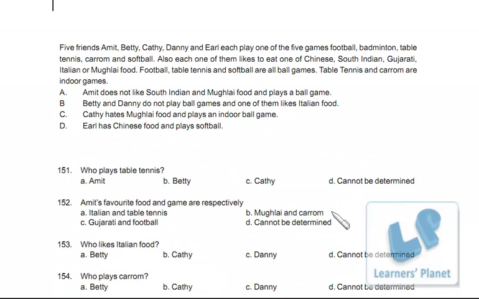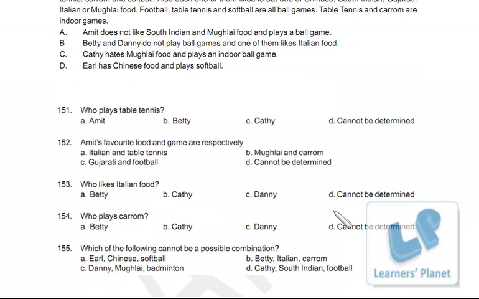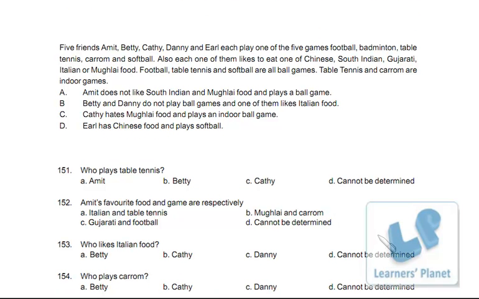So here's the first question. 5 friends, Amit, Betty, Kathy, Denny and Earl each play one of the 5 games: football, badminton, table tennis, and so on. Also each one of them likes to eat one of the different types of food given over here.